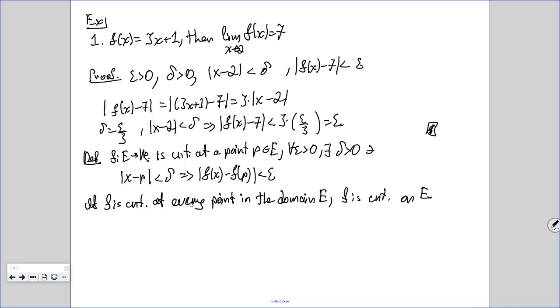The thing you may observe is that a function f can fail to be continuous at a point p in three ways. First, f is not defined at p. Second, the limit fails to exist.